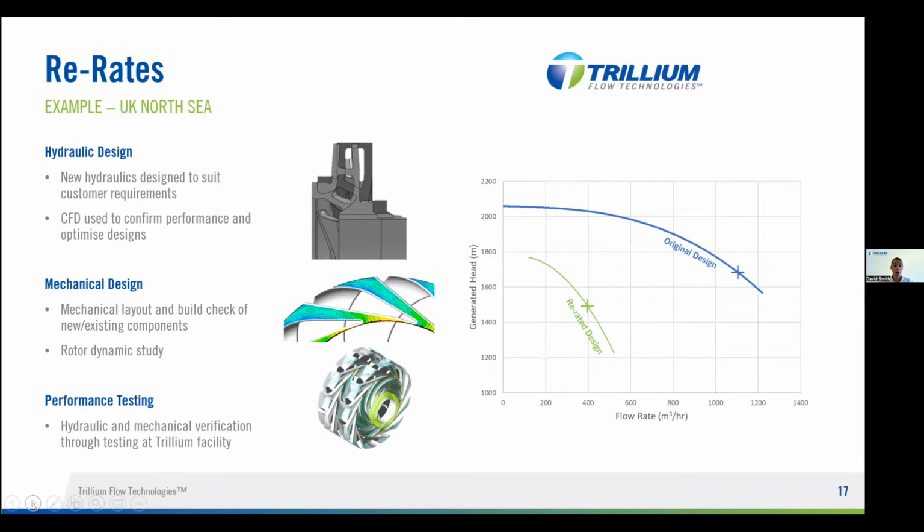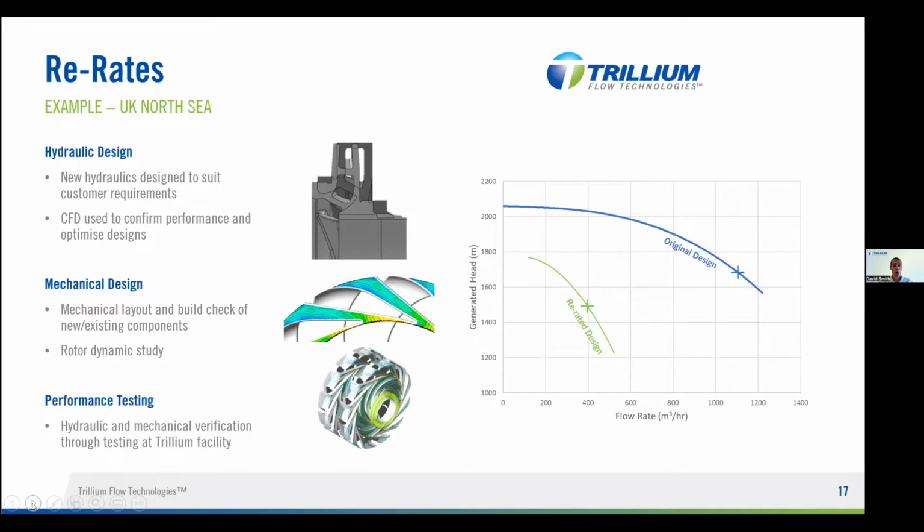Once we're happy with that, we then move into the mechanical layout phase, where we take the new designed parts and lay them out with the existing CAD models of the parts that are to remain, just to make sure we don't have any issues that are going to occur when we build this thing.